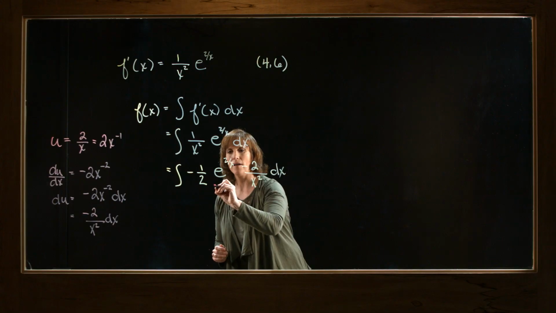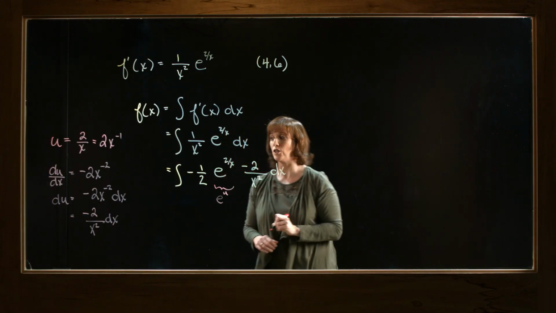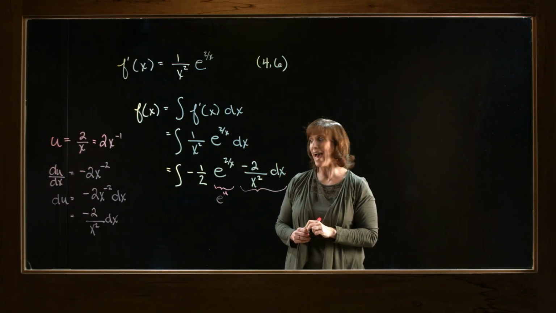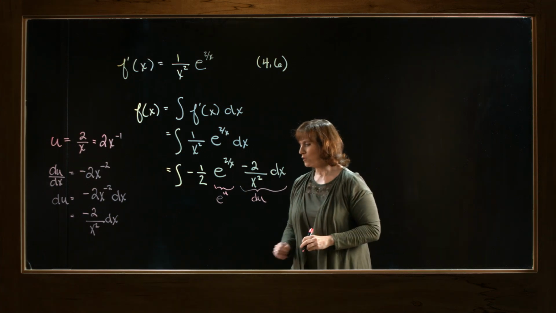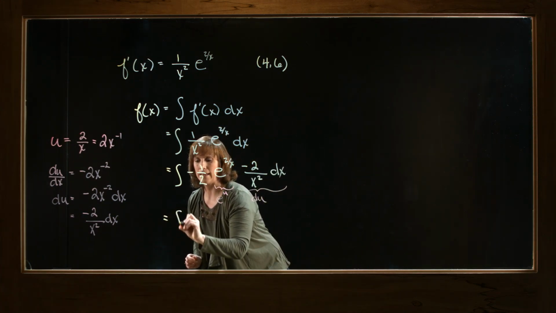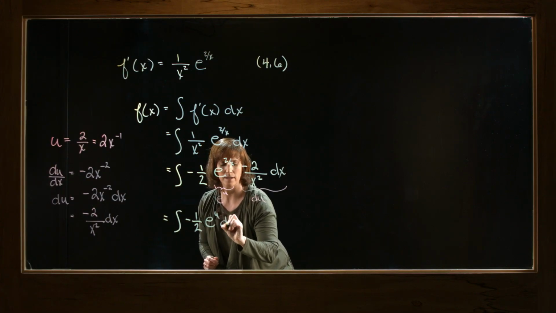Well, I know now that e to the 2 over x can be written as e to the u. And this term, minus 2 over x squared dx, that's my du. So my integral now looks like the integral of minus 1/2 e to the u du.